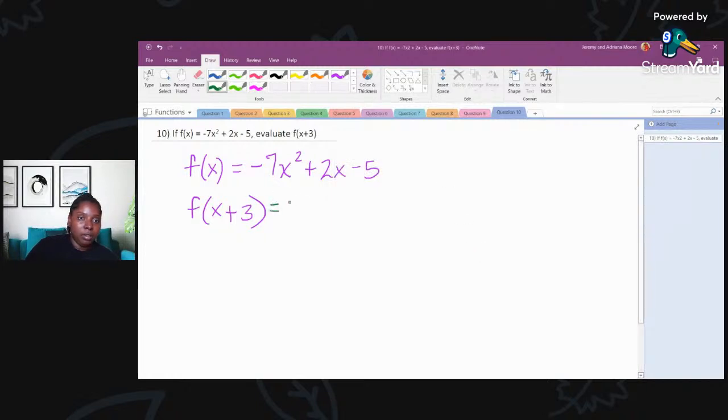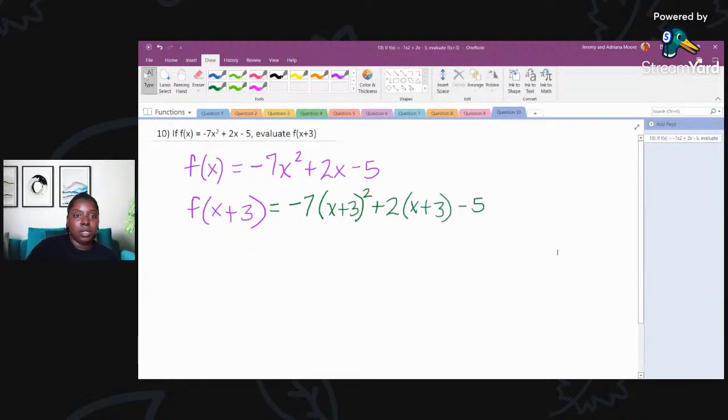Okay, so negative 7 times x plus 3 squared, plus 2 times x plus 3, minus 5.